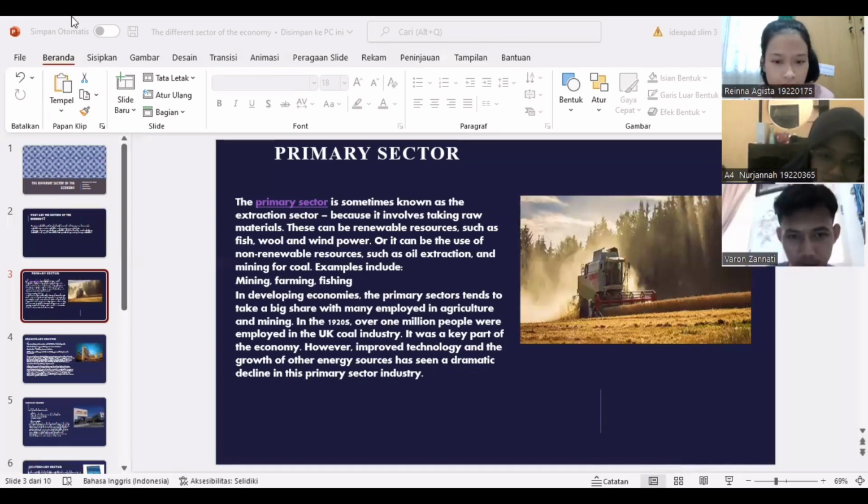It was a key part of the economy. However, improved technology and the growth of other energy sources has seen a dramatic decline in this primary sector industry.